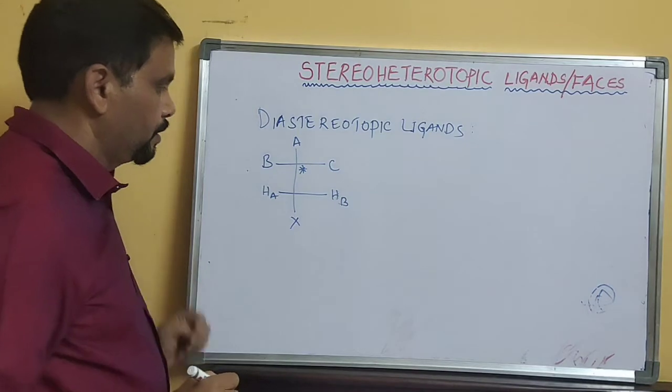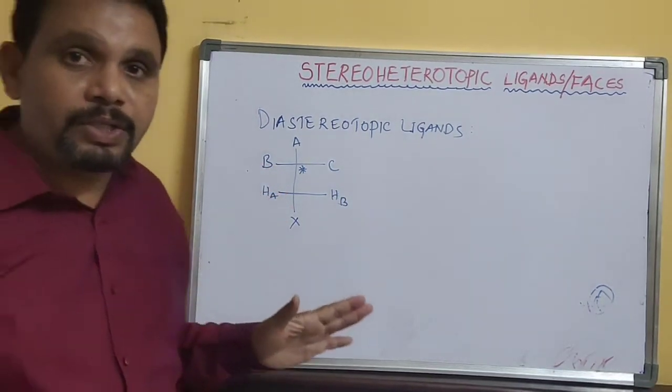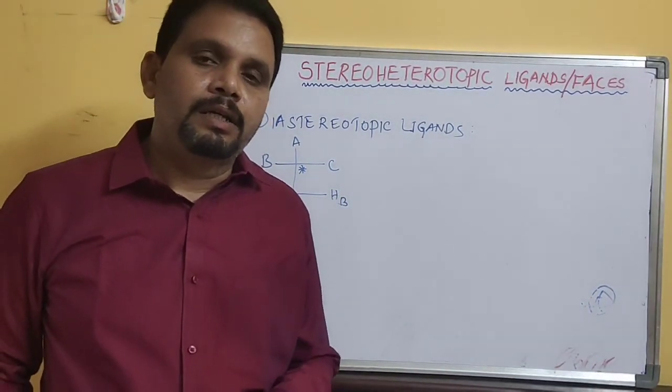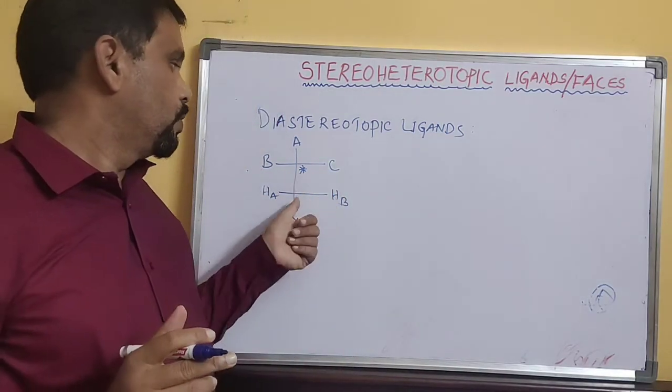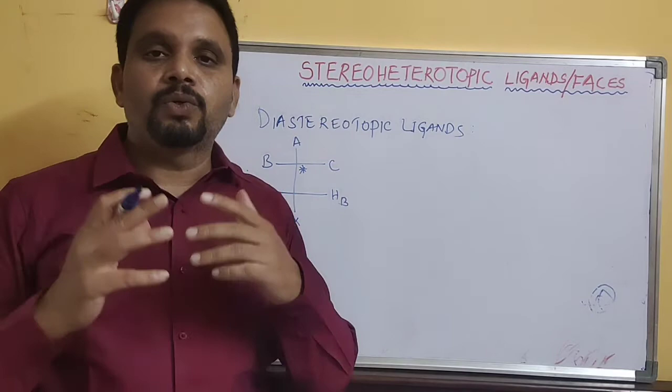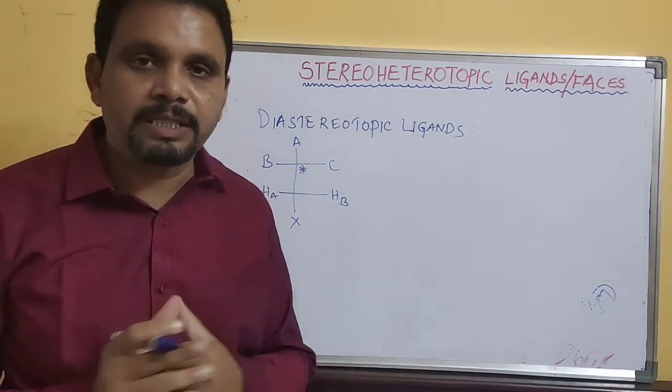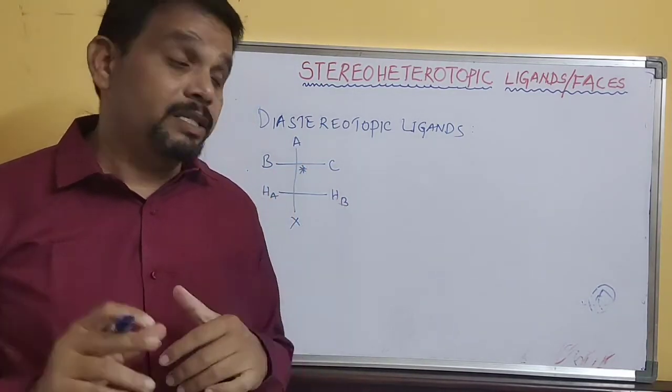Okay, in this molecule there is no symmetry element. No plane of symmetry, no center of symmetry, no alternating axis of symmetry, no Cn axis of symmetry.